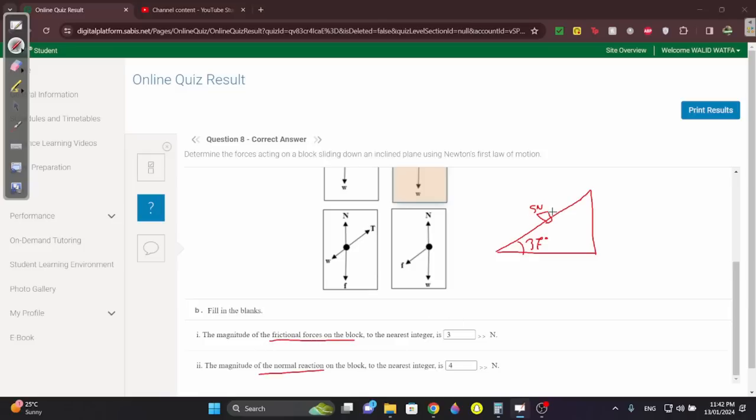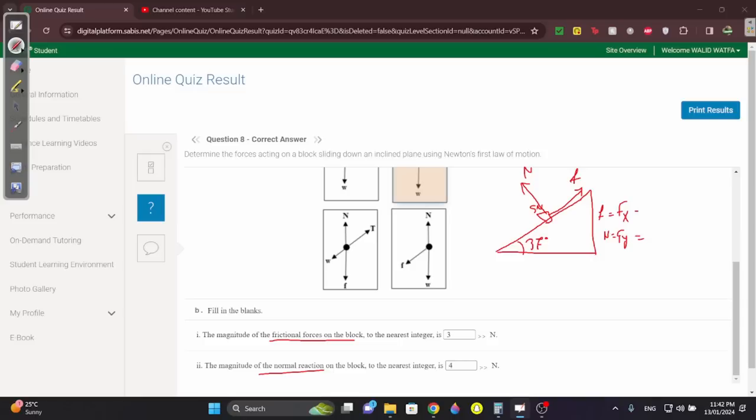Like I told you last time, the frictional force would be as if you're finding the x component, Fx, and the normal force would be this, as if you're finding Fy, the vertical component.